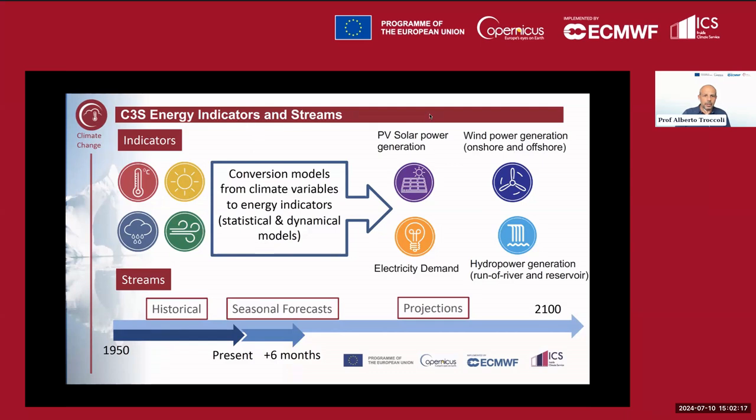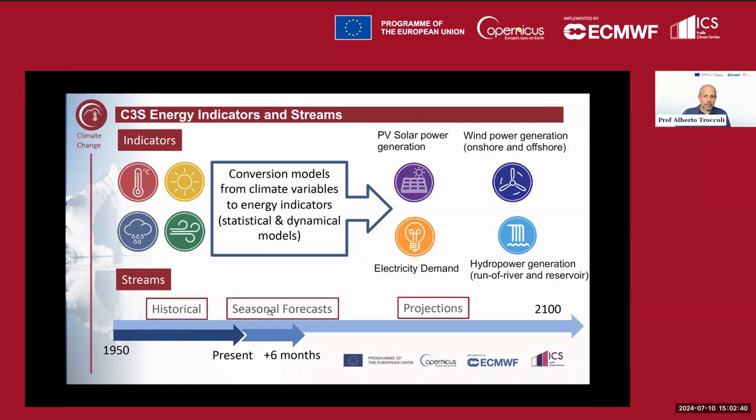As I said, these indicators are split into 3 timescales or streams. One is the historical, which goes from 1950 to present, covering ERA5. We'll likely extend it to 1940 also, with the additional ERA5 data that was made available.